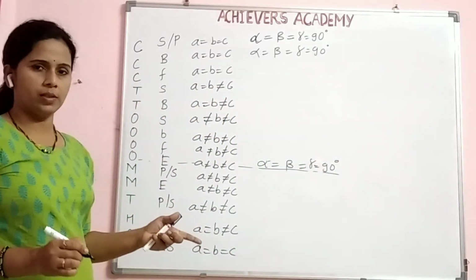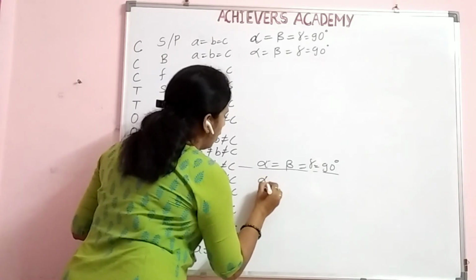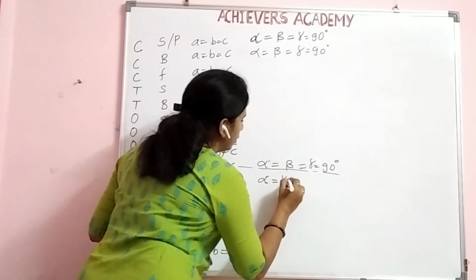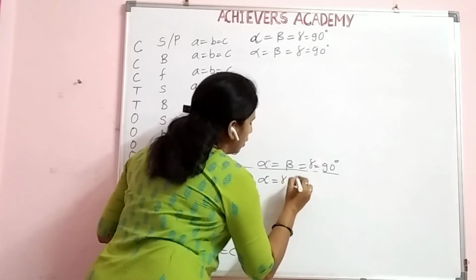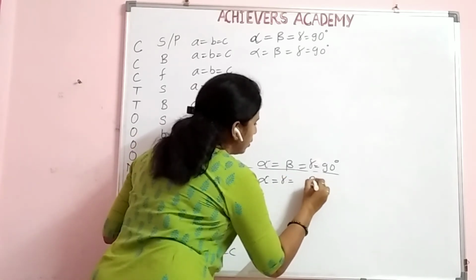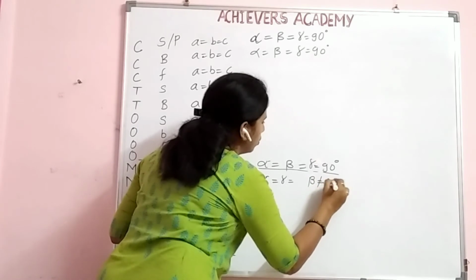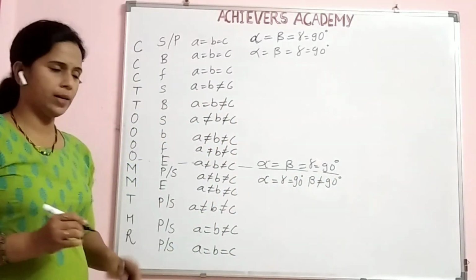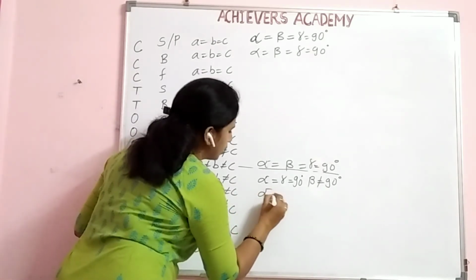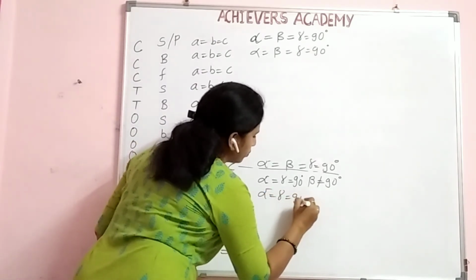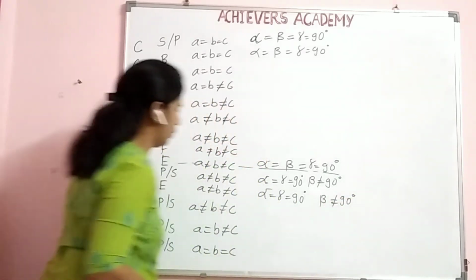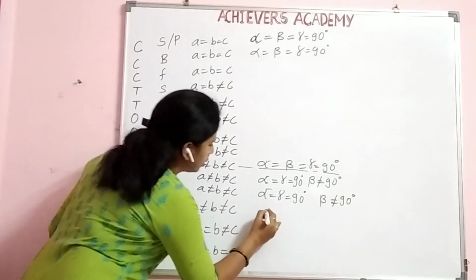Then the condition changes. Then alpha is equal to gamma, then beta is not equal to 90. Alpha is equal to gamma is equal to 90, but beta is not equal to 90. So this repeats 2 times. Beta is not equal to 90 degree. Then all are not same.